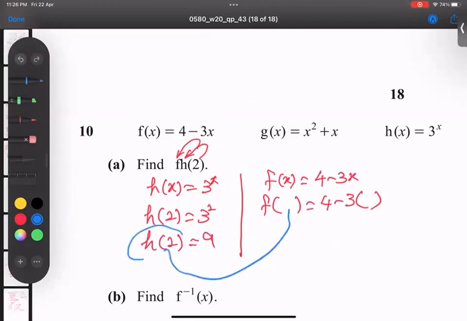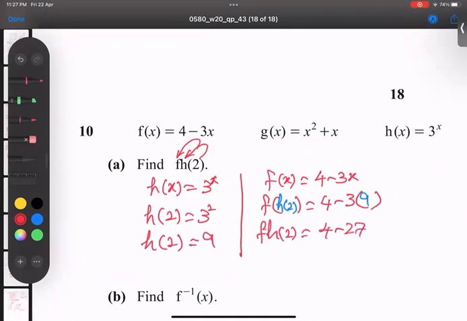I repeat again: function name on the left hand side and function value on the right hand side. This is f of h of 2, 4 minus 27, and I get negative 23. Alhamdulillah Rabbil Alameen. One more thing, if you put bracket like this or like this, both are same. I hope this point is very clear.